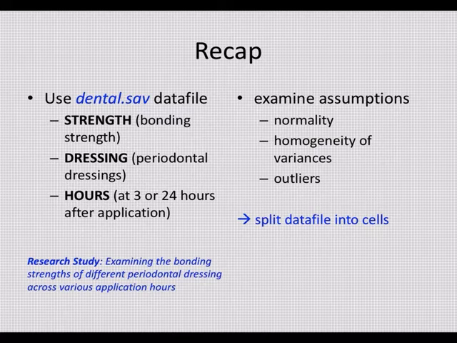And then the number of hours, meaning after how many hours after the application the strength is measured. So there were these two IVs and this DV. And then we examined normality, homogeneity of variance, and outliers.